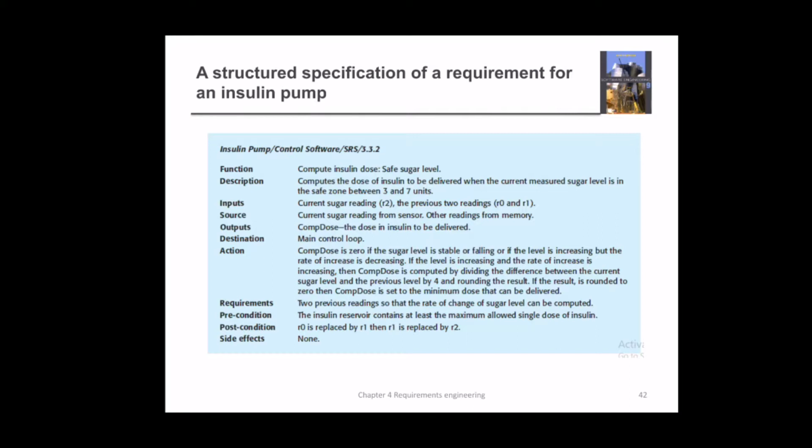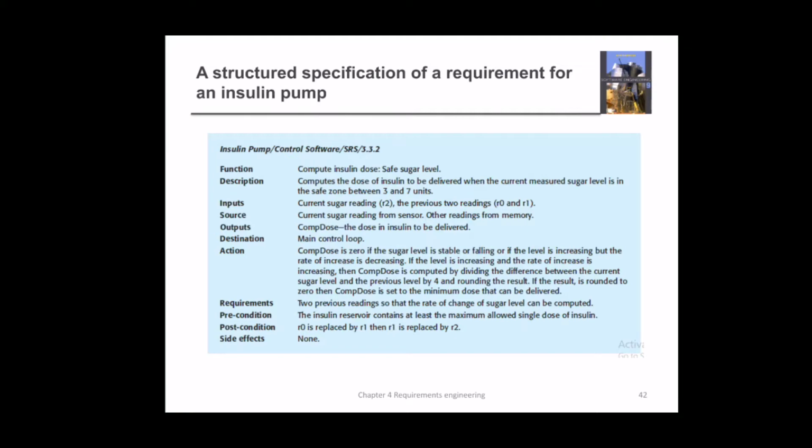Here we have the action. Compute dose is 0 if the sugar level is stable or falling. If the sugar level is stable or it is falling, we do not induce any insulin. Another condition is if the level is increasing but the rate at which the increase is happening is decreasing, then also we will not insert any insulin in the human body.